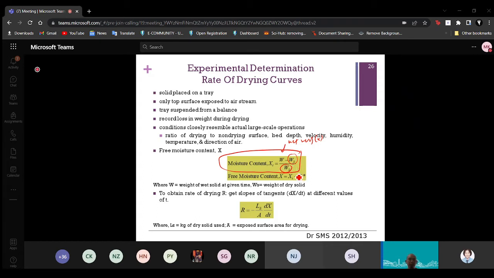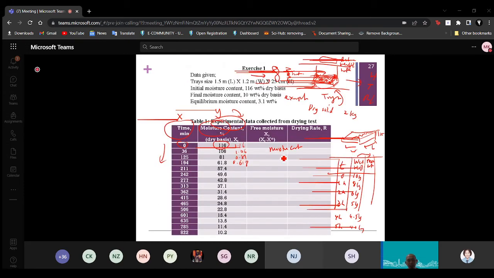So here we apply this equation. We do this exercise, and then we see how to get it, where the equation is involved. Now, X_t for T0 is (W minus W_s) divided by W_s. So W is 10 kilo minus W_s is 2 kilo, divided by 2 kilo.